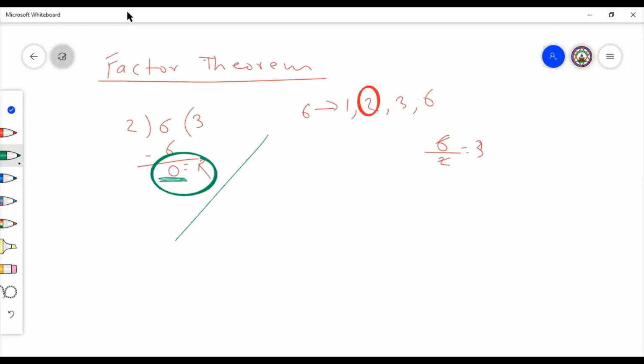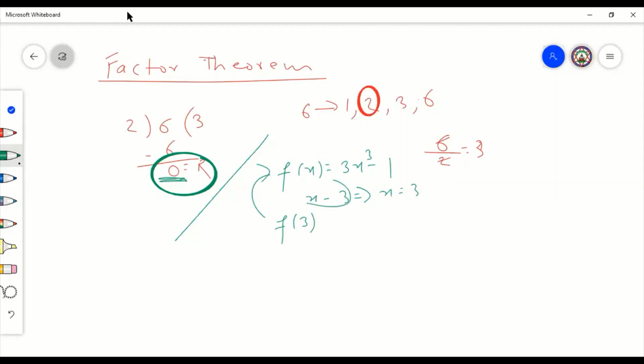Same for polynomials. Suppose I take one polynomial, f(x) = 3x cubed minus 1. Suppose it is divided by x minus 3. Then its remainder will be given by f(3).